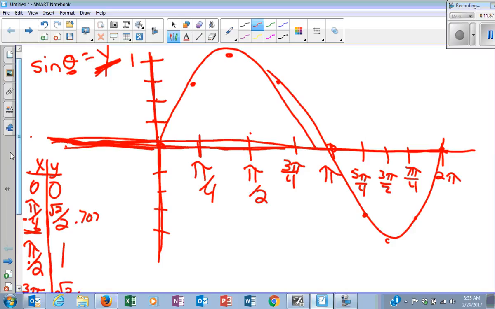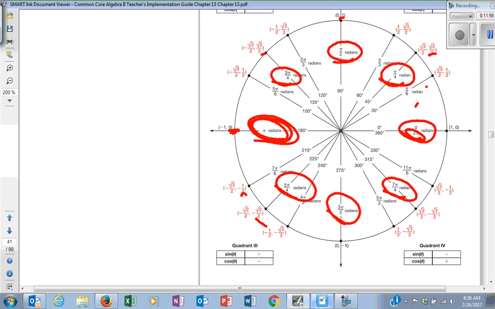Now, am I allowed to have negative degrees in this one? Can I have negative pi over 4? What did we say that does? What if I went negative pi over 4? That would get me to this location, right? Which is a negative square root of 2 over 2?